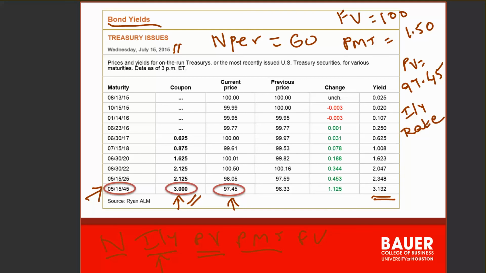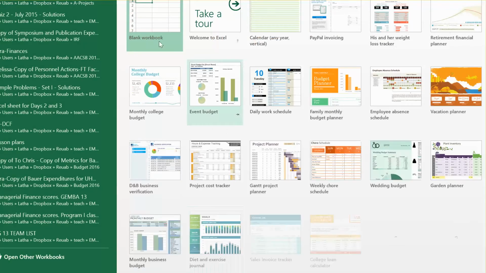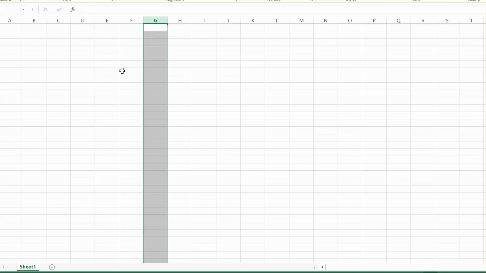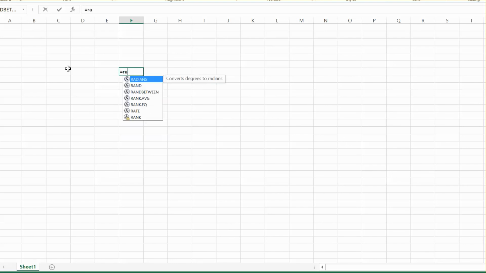So if you do that, let's do the calculation and see what we get. We should get a yield to maturity that will look like this. Okay, so let me go to Excel and pull up an Excel sheet where I am now going to calculate equals rate.